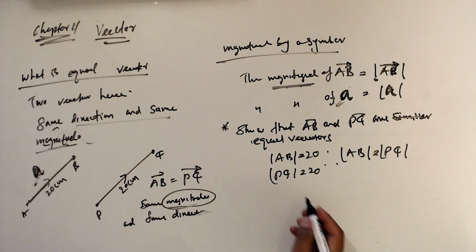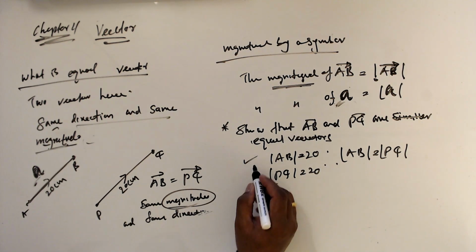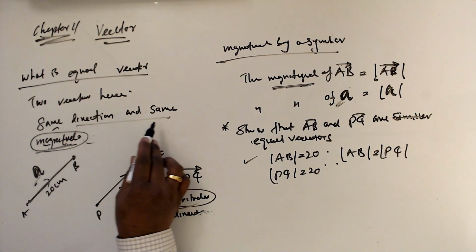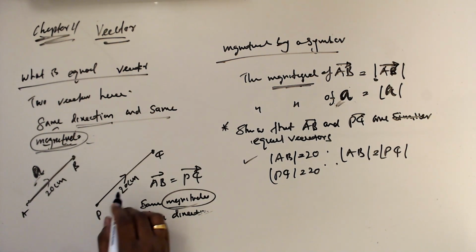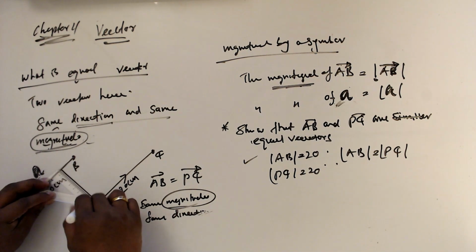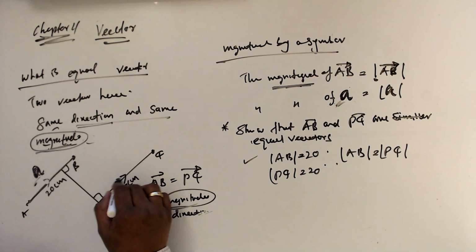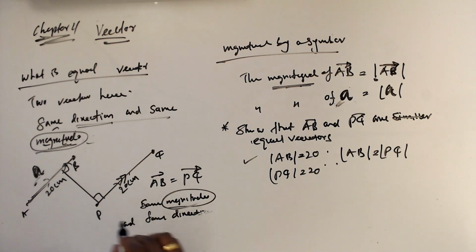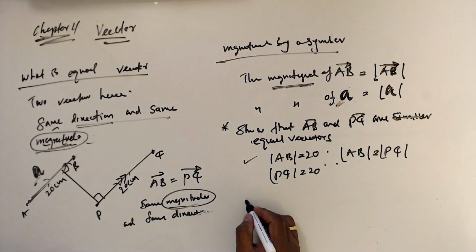Then direction. One requirement is done. Magnitude. What is the other one? Direction. Then you want to show that these lines are parallel. If they are parallel, then the direction is same.